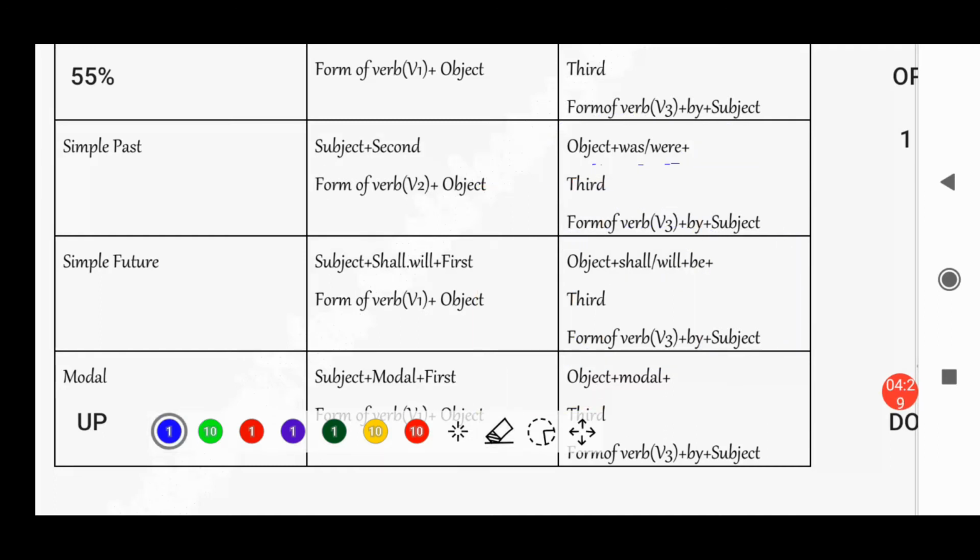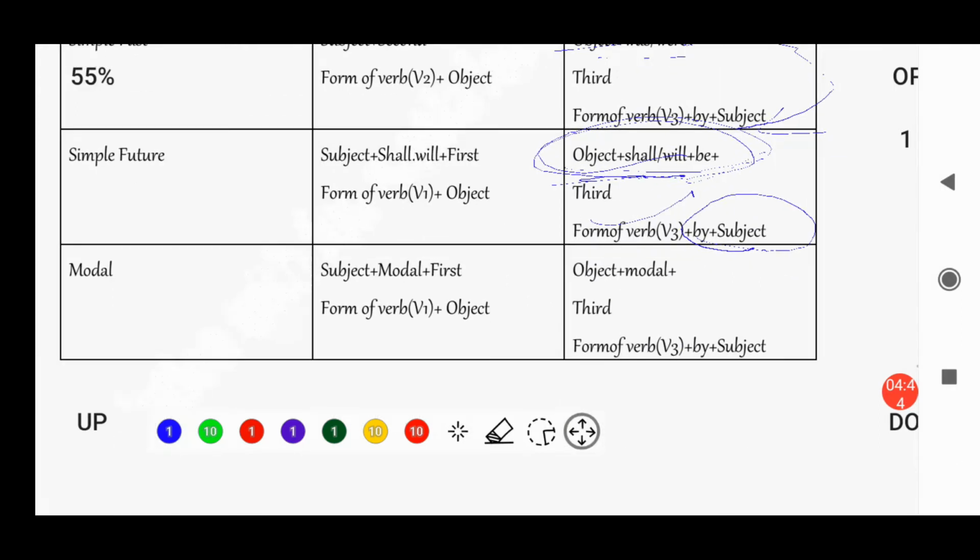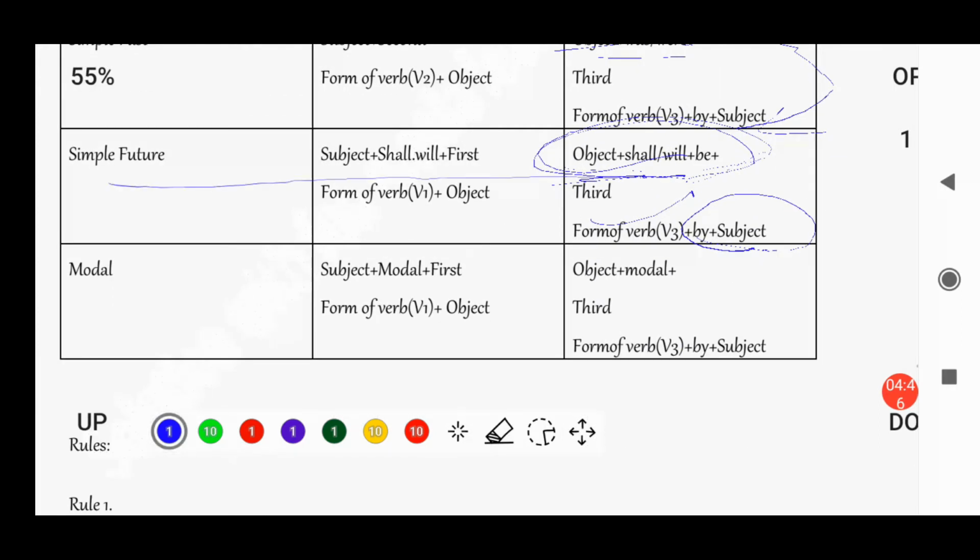So it is the key difference that makes it different from the conversion of the simple past or simple present tense into the passive form. In the simple future, what comes in addition is the be. Then we write the third form of the verb. Then we write by plus subject. So this is the formula for the conversion from the active voice into passive voice in the simple future tense.